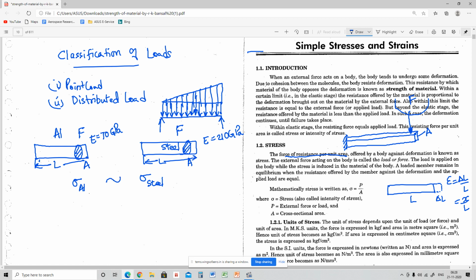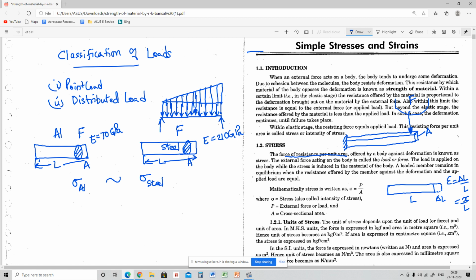Can you tell me how they are connected? You can unmute and say. Ma'am, stress of steel is 3 times the stress of aluminium. How can you say that? Ma'am, modulus is stress by strain.